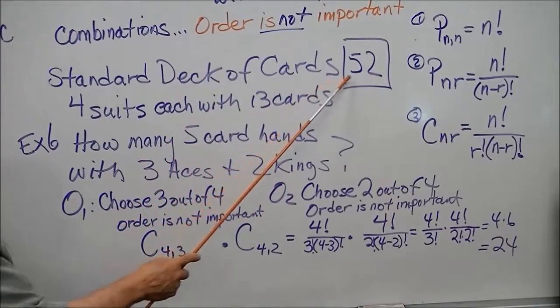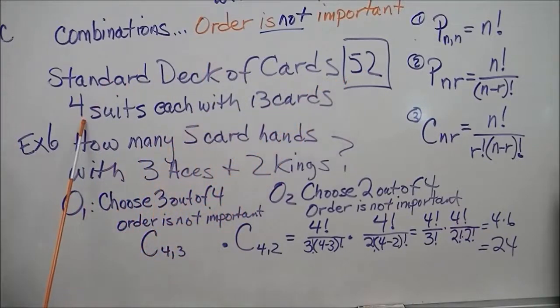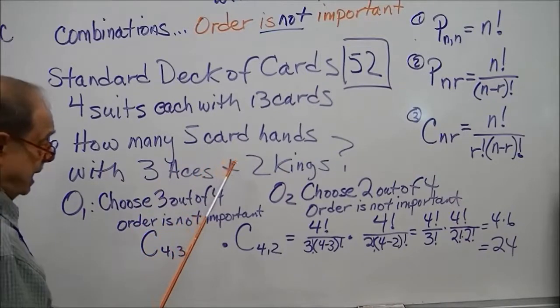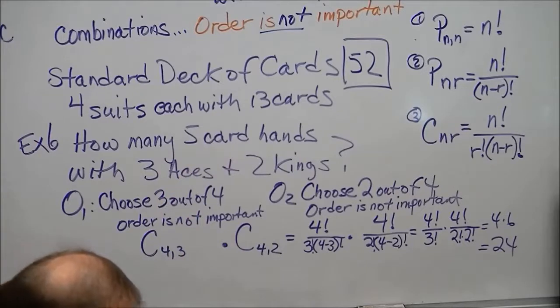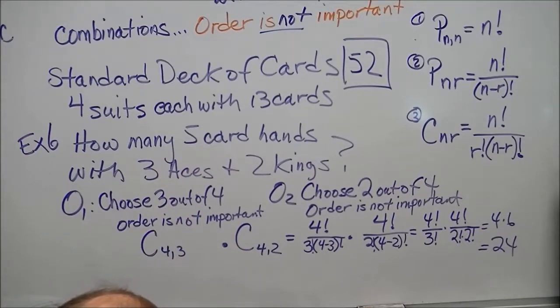Now in a deck of cards, there are 4 suits. Diamonds, clubs, spades, and one other. I got to remember what the other one was there. Hearts, there you go. But those are the 4 suits.